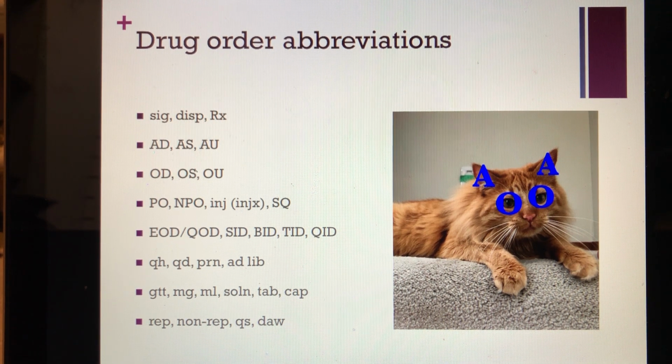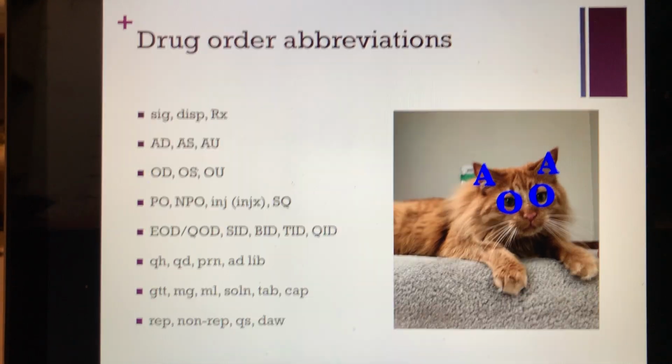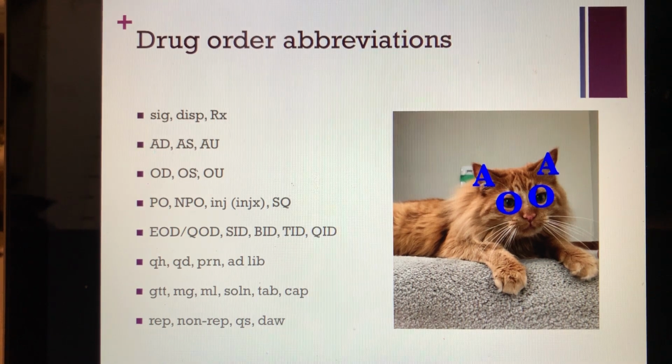And then our very first one there, EOD and QOD. Those both are abbreviations that mean every other day. So EOD is literally E, every, O, other, D, day. QOD, the Q used like that, Q can mean every in dispensing language.